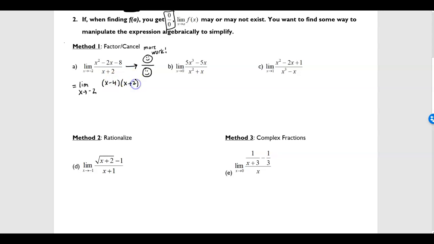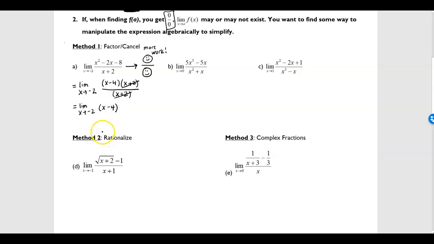And my factors are x minus 4 times x plus 2 in the numerator. So what I notice now is that I have an x plus 2 in both the numerator and the denominator, and those will cancel out. So what I'm left with is the limit as x approaches negative 2 of x minus 4.